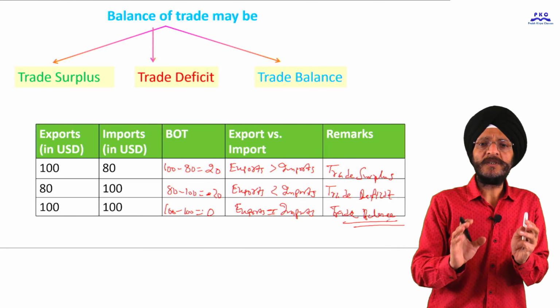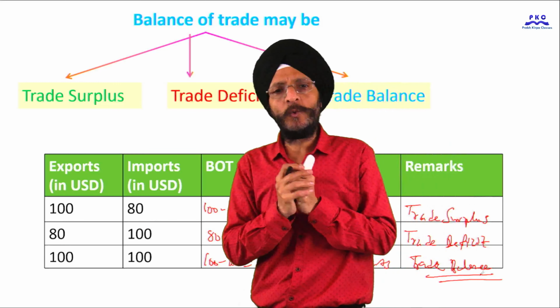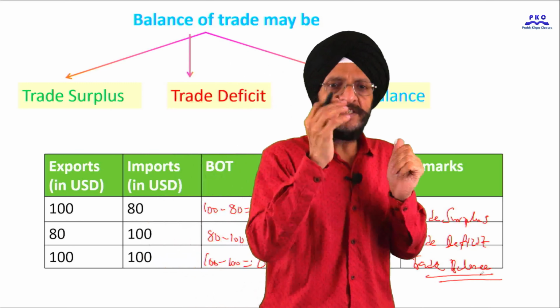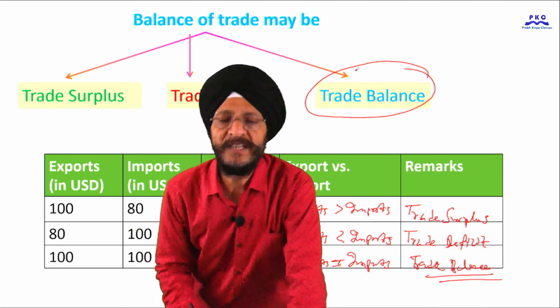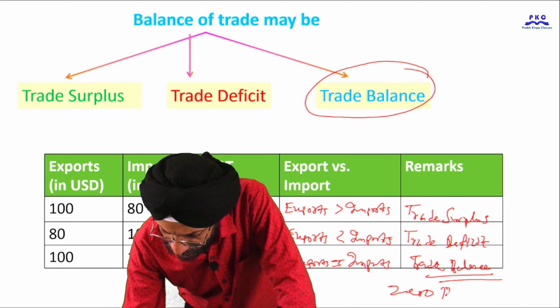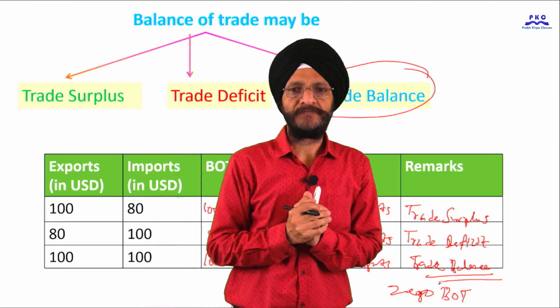Trade balance or zero BOT occurs when exports are equal to imports. But in the real world, this situation of trade balance, that is zero balance of trade, rarely occurs.